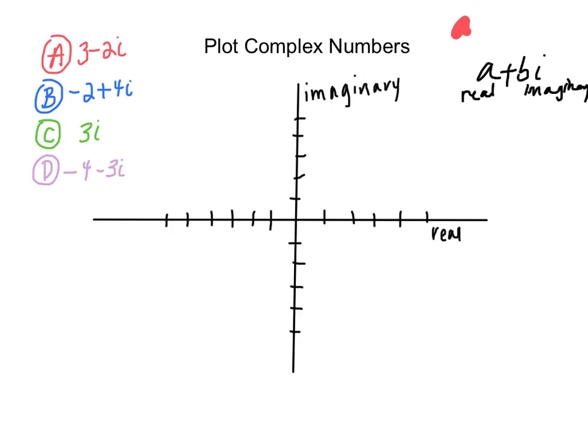So we're going to move on this axis 3 spaces to the right, 1, 2, 3, and then on the imaginary axis, the i part, down 2. So we're going to plot this point here. This is our A.